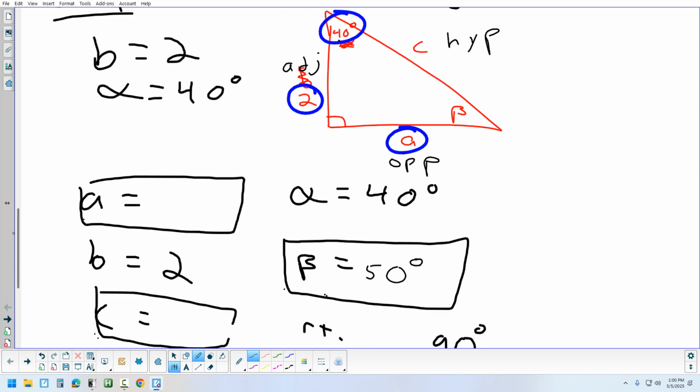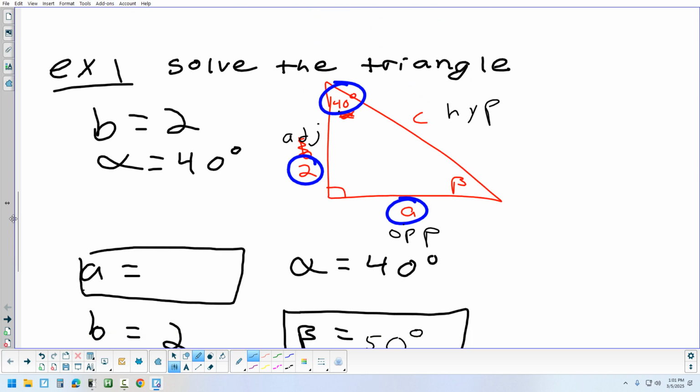Okay, so now we're going to find A. What is the position of the side we're trying to find? Opposite. What's the position of the side that we already know? Adjacent. So now, we want to know the opposite. We know the adjacent.